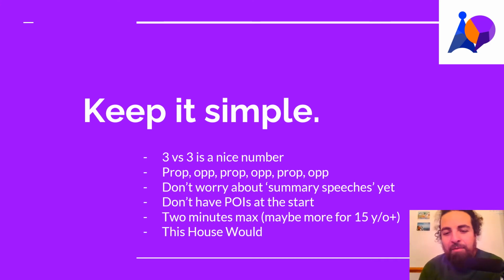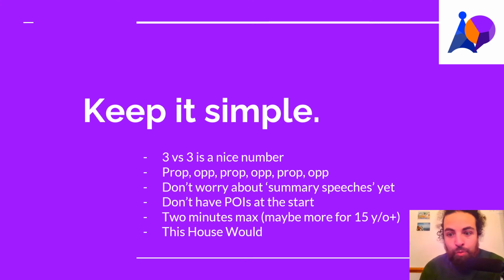This house would. I put this in because motions at most debating competitions are prefaced this house would, this house believes, or perhaps sometimes this house regrets or this house supports. That's just fancy debating parlance for we would do this thing. So saying this house would just means we would do this thing.